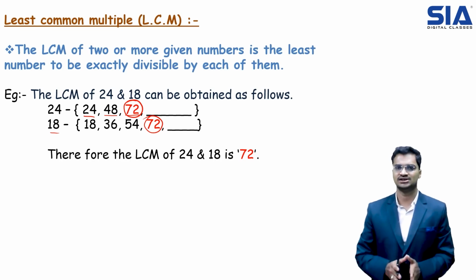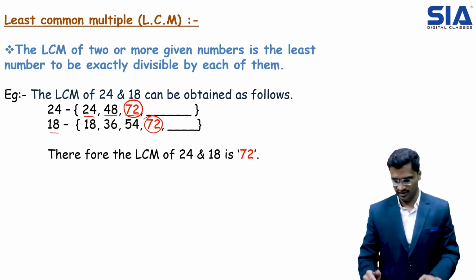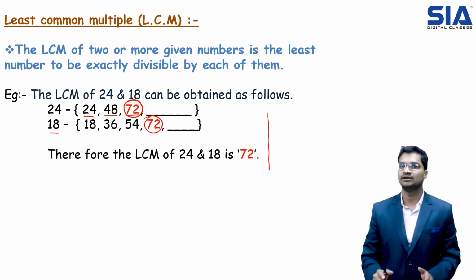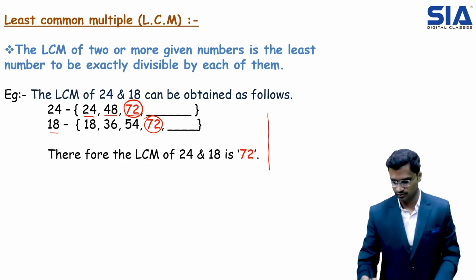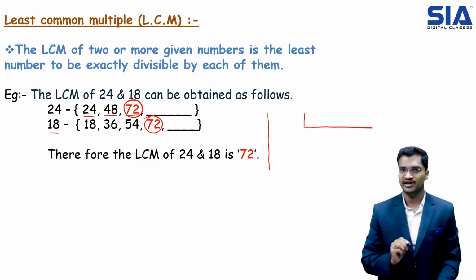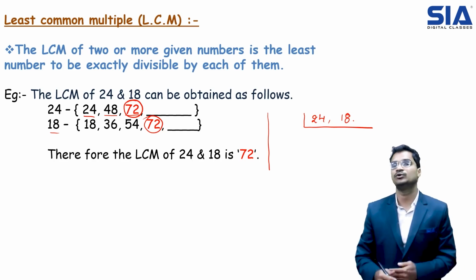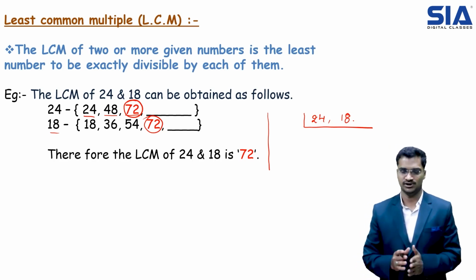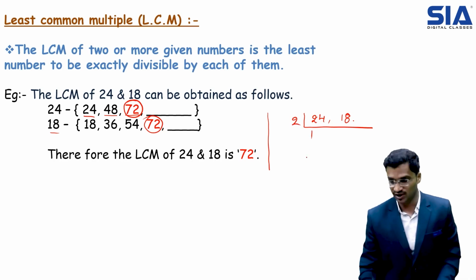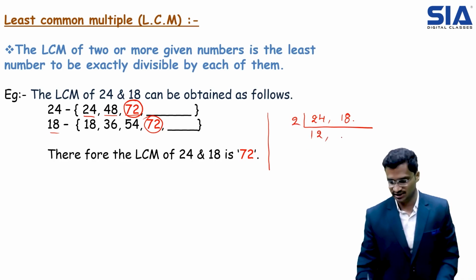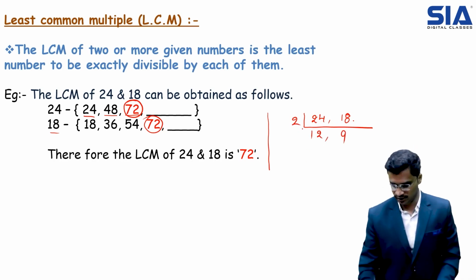We can also find this LCM in the way we have been following since childhood. We have to find the LCM of 24, 18. We do the prime factorization of these numbers. 2 ones are 2, 2 twos are 4, 2 nines are 18, 2 sixes are 12.